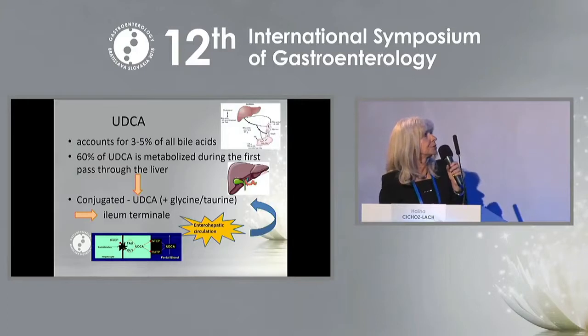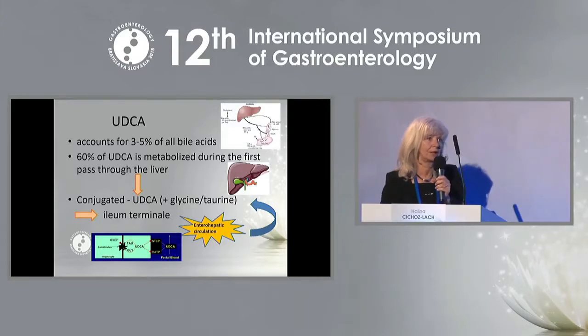UDCA constitutes 3 to 5% of all bile acids, and 60% of UDCA is metabolized during the first pass through the liver, where it is conjugated with glycine, sometimes with taurine. Conjugated UDCA is secreted into the bile and in the terminal region of the ileum is again resorbed to enterohepatic circulation.